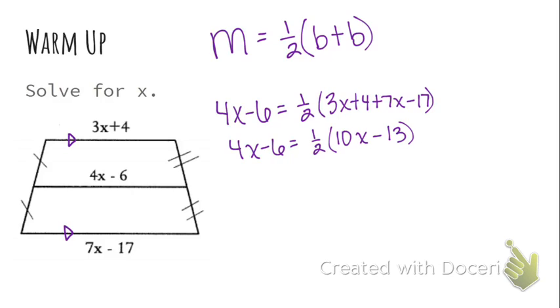If you watched my solutions video for the trapezoids and kites Google form, you'd know that I prefer to multiply both sides by 2 instead of distributing the 1/2. So when I do that, on the left side, I have 8x minus 12. On the right side, the 2 and the 1/2 multiply to be 1, so we're really just left with 10x minus 13.